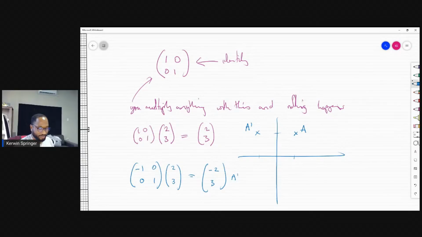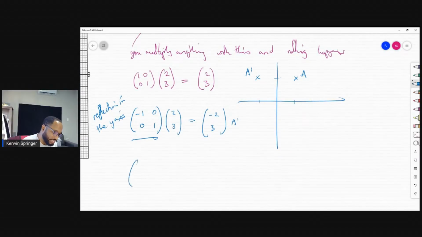What just happened here? This matrix is causing a reflection in the y-axis. And that's one transformation matrix. So it causes the coordinate to reflect in the y-axis.